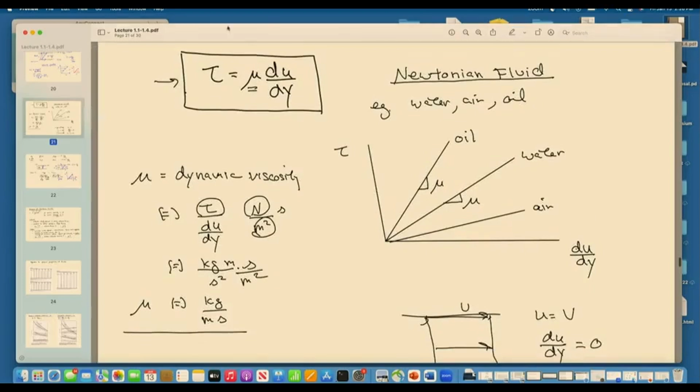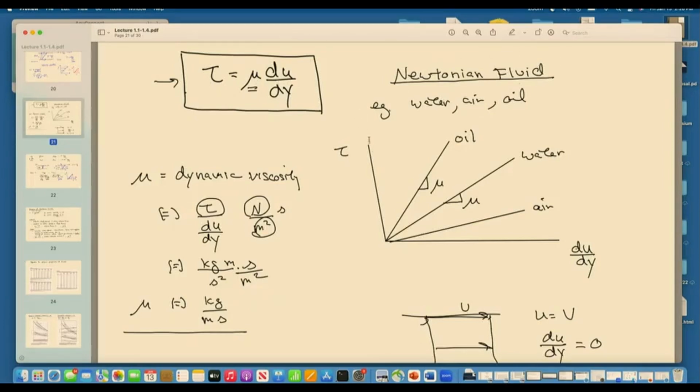Okay, now, a fluid in which the viscosity, this proportionality constant, where stress is proportional to the rate of deformation or shear, if this viscosity, or the proportionality constant, is not a function of the shear stress or the rate of deformation, we refer to it as a Newtonian fluid. And it is then a very simple relation.